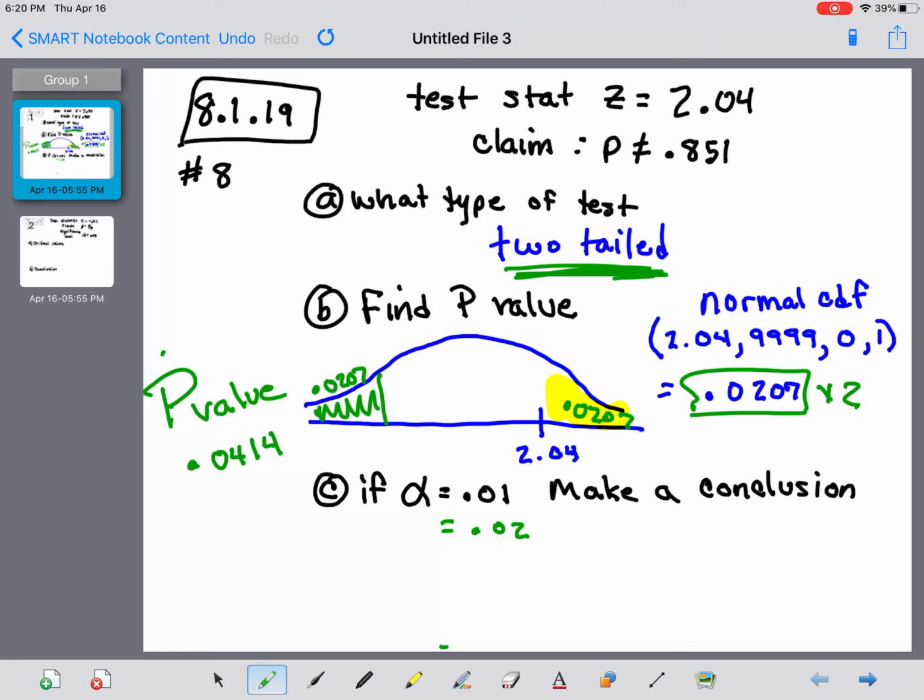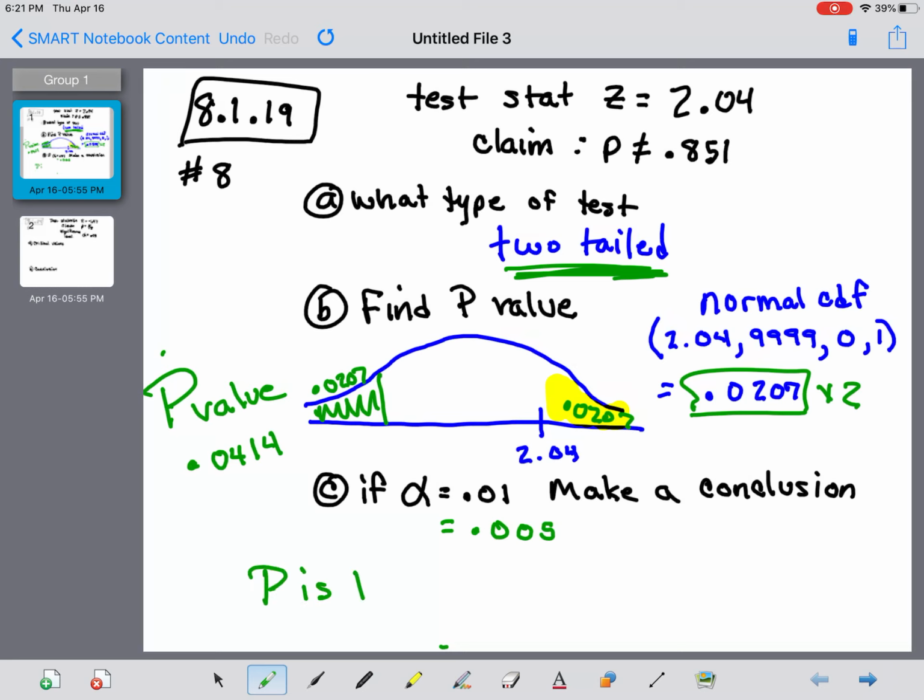That's 0.005, sorry, not 0.025. So 0.01 divided by 2 is 0.005, because it's a two-tailed test. So we're comparing 0.0414 to 0.005.